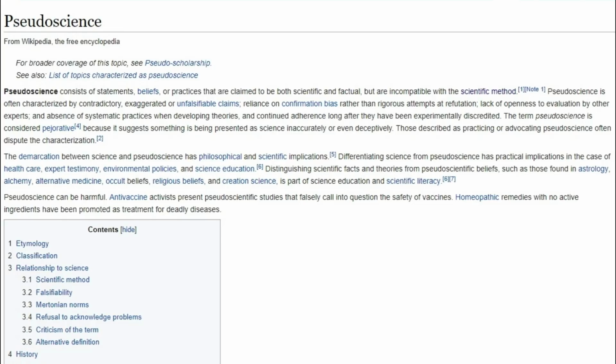The term pseudoscience is considered pejorative because it suggests something is being presented as science inaccurately or even deceptively. Those described as practicing or advocating pseudoscience often dispute the characterization.